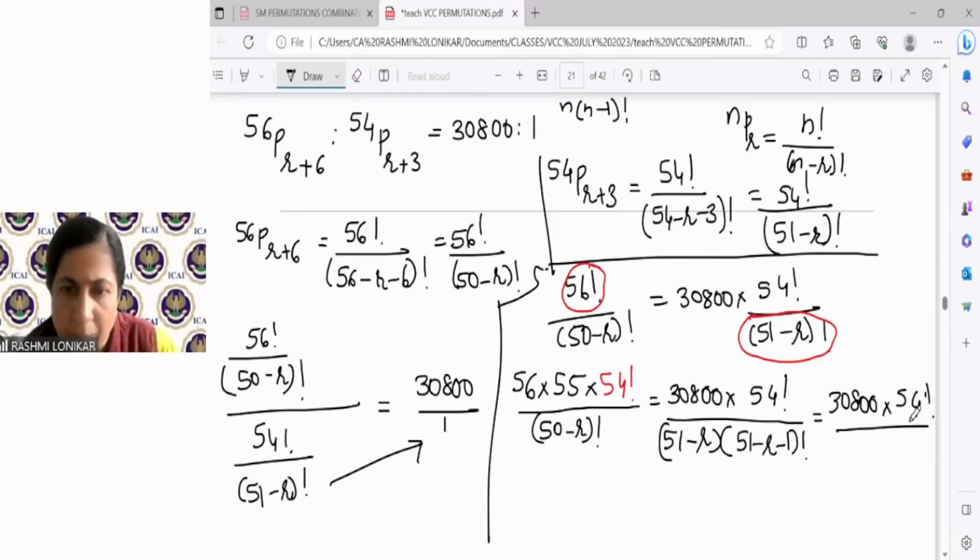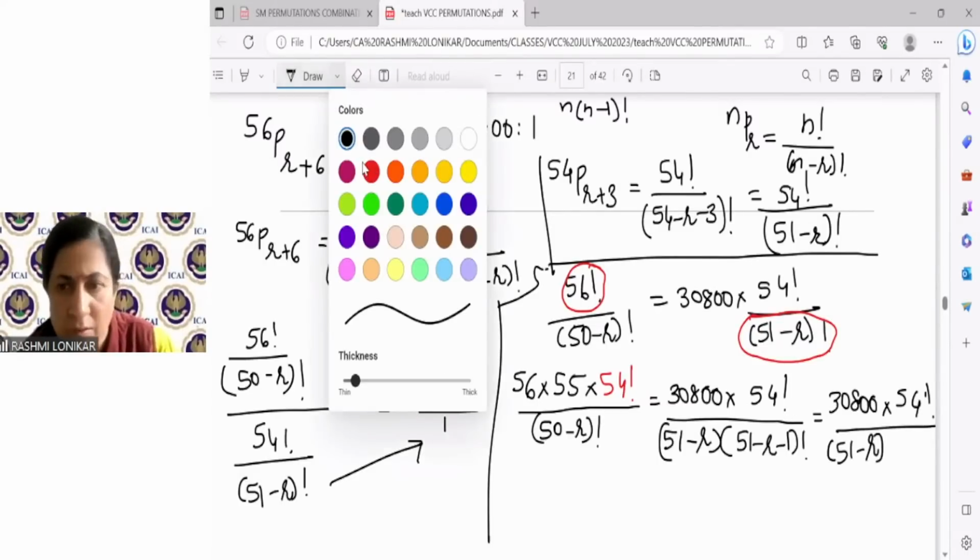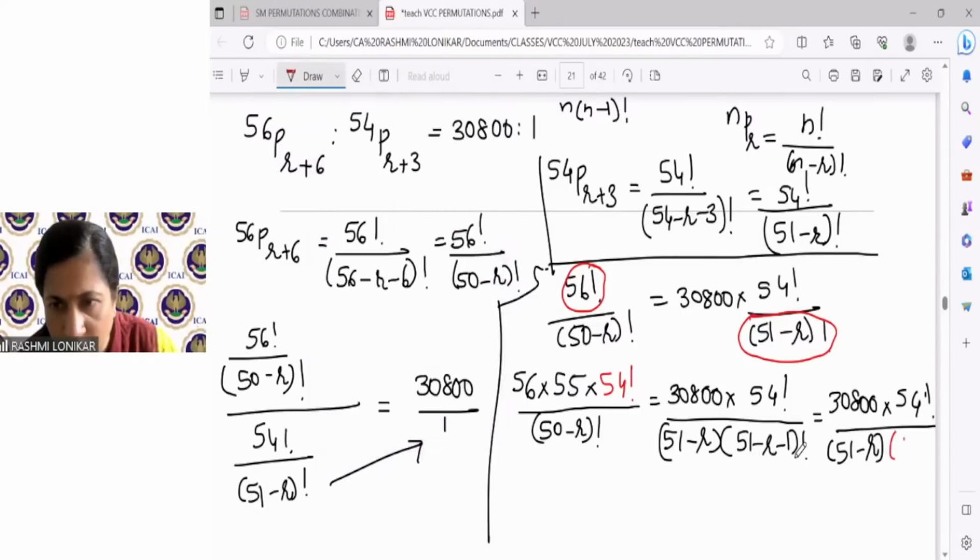upon (51 minus r) into 51 minus 1 is 50, so this becomes (50 minus r) factorial. Okay. So what are going to cancel?